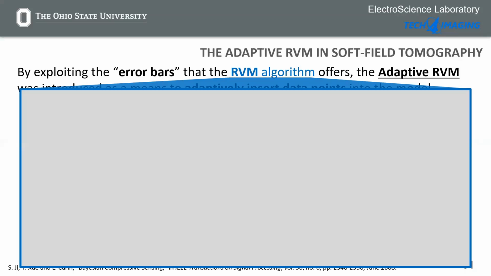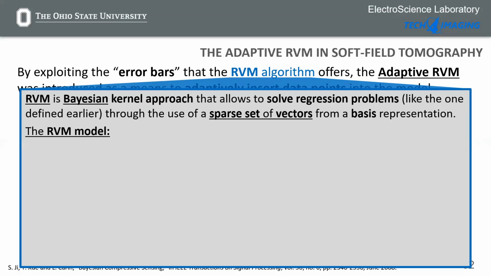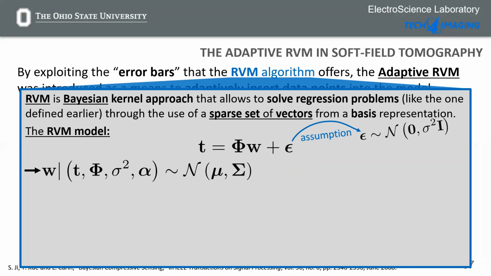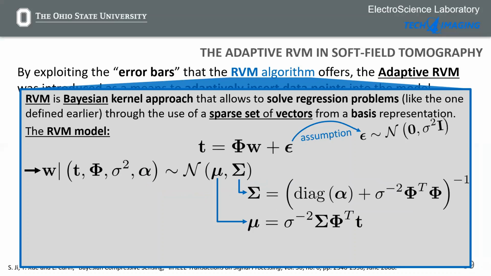Now, the original RVM algorithm is simply a probabilistic algorithm which defines a framework where the posterior random vector, that is W, or the vector of unknowns, given all the known parameters, ends up being Gaussian, with a known mean vector and known covariance matrix sigma, as shown here.